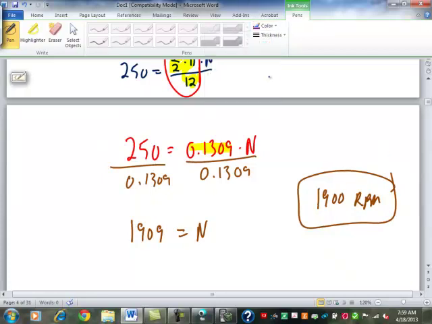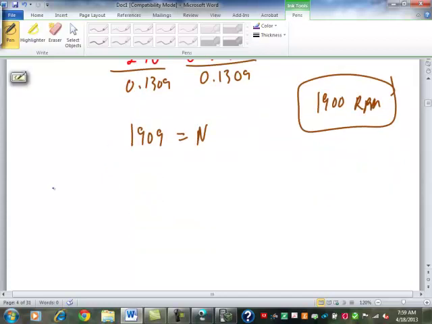If your feed rate is drilling through steel, you're looking at probably what, about 2 thousandths per revolution? A little bit more? We'll go 4 thousandths per revolution.